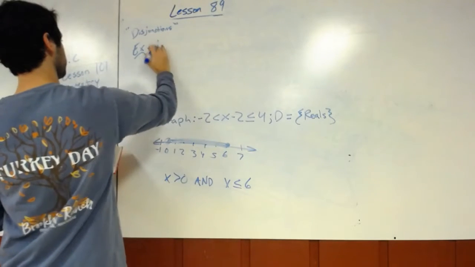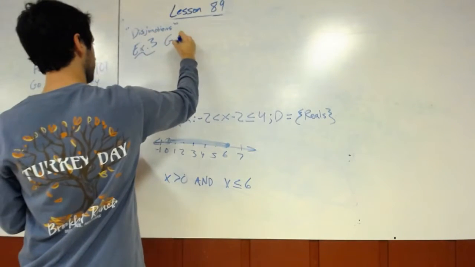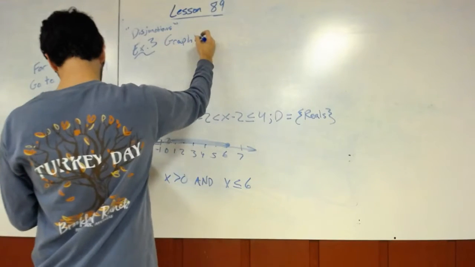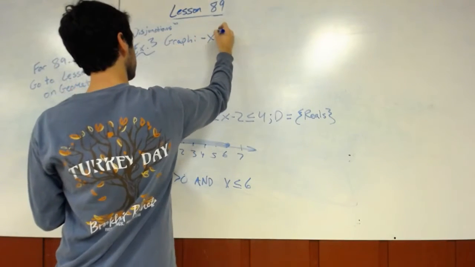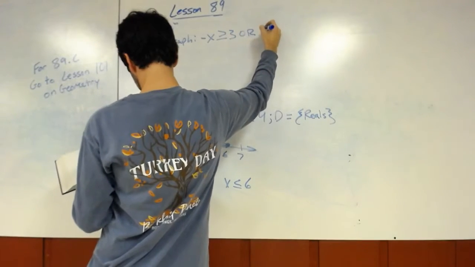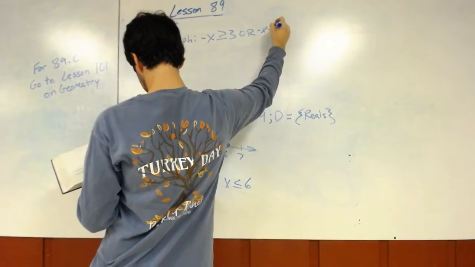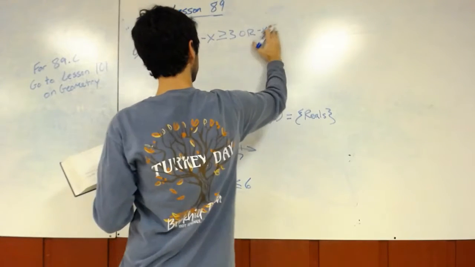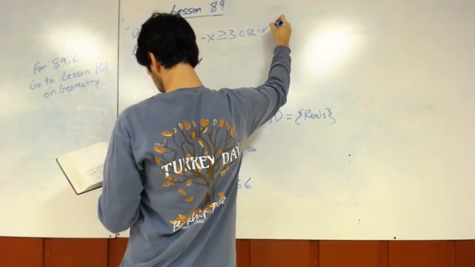We'll do example 3. It says graph negative x is greater than or equal to 3, or negative x is less than negative 1.